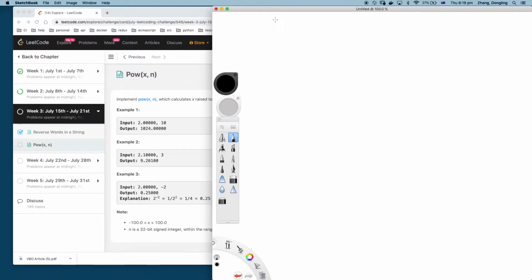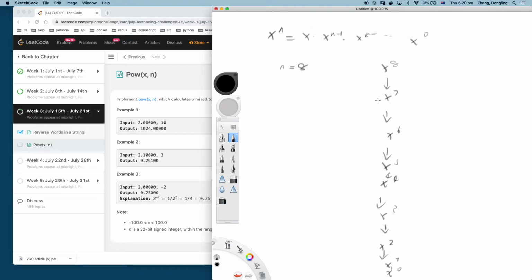First, if we are going to compute x to the n, we actually do x times x to the n minus 1, then continue with x to the n minus something, until n equals 0. If we receive n equal to 8, then x to 8 is x times x to 7, times x to 6, times x to 5, times x to 4, times x to 3, x to 2, x to 1, until x to 0.